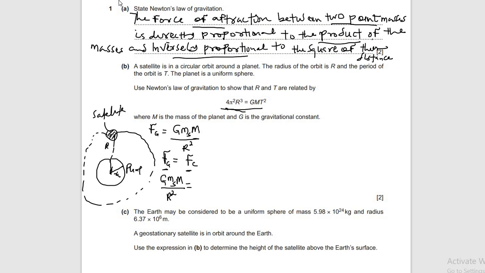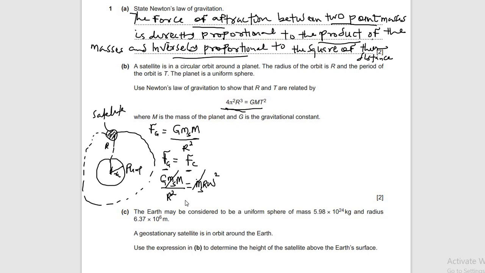The formula for centripetal force, in this case where a satellite is in a circular orbit, will be mRω squared or mv squared. But in this case, what is orbiting is the satellite, so the mass is the mass of the satellite. At the end of the day, the mass of the satellite cancels.